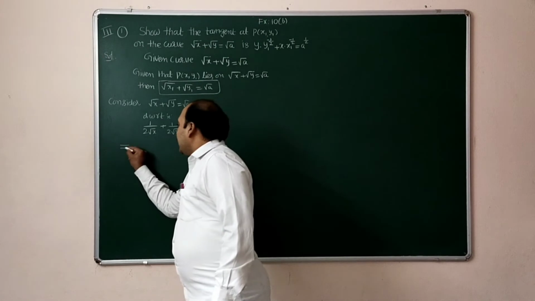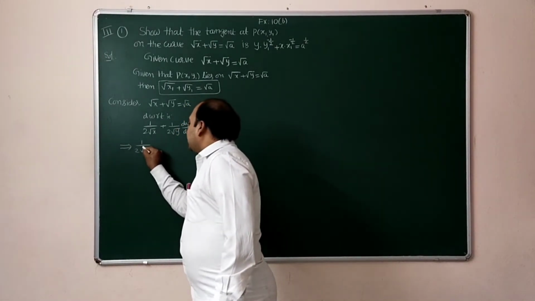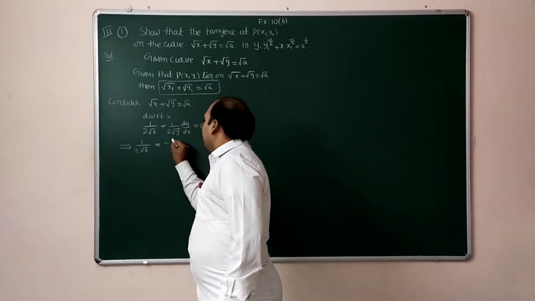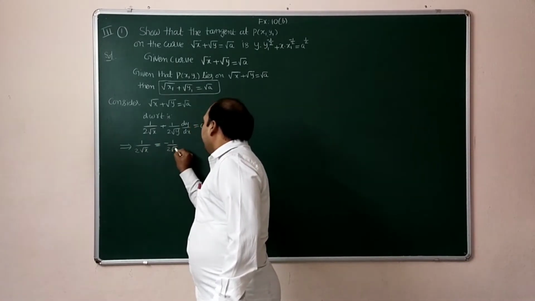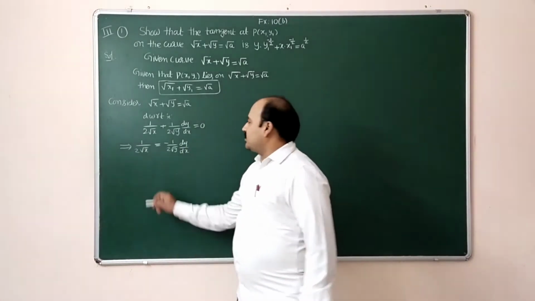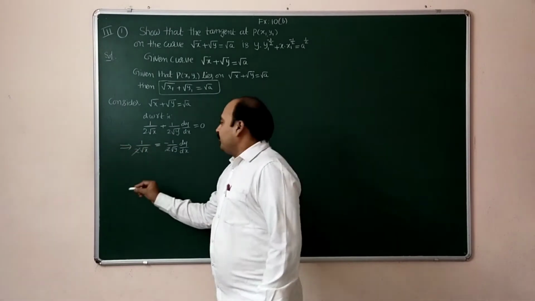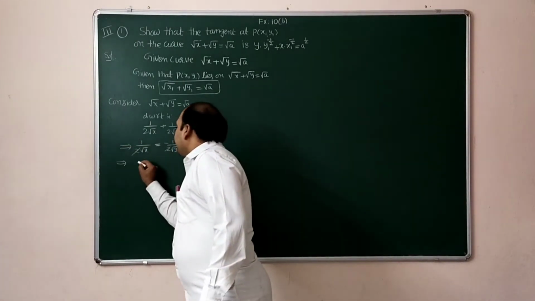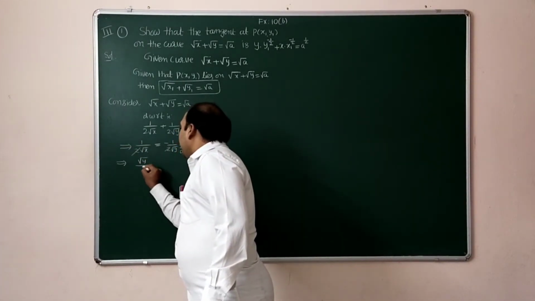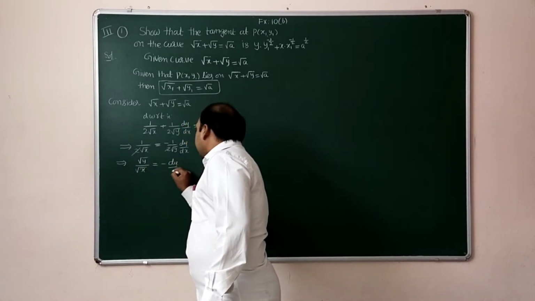So that implies 1 by 2 root x equal to minus 1 by 2 root y into dy by dx. Both sides 2 get cancelled and root y we take to this side. So it becomes root y divided by root x is equal to minus dy by dx.